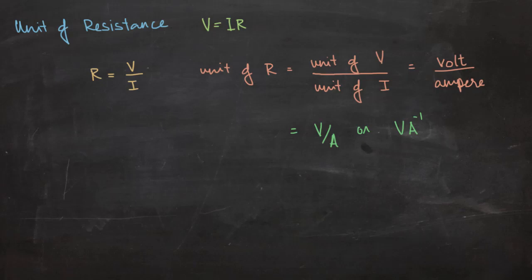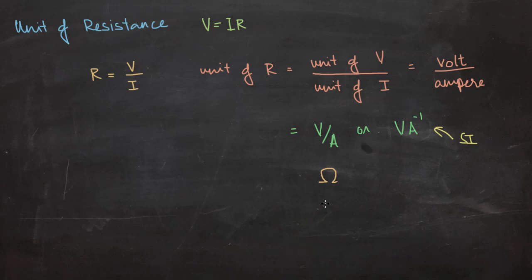This is the SI unit of resistance. Instead of using volt per ampere or volt ampere inverse, this unit of resistance has been named after Ohm and is represented with the Greek alphabet omega.